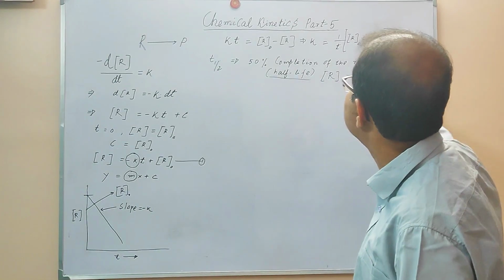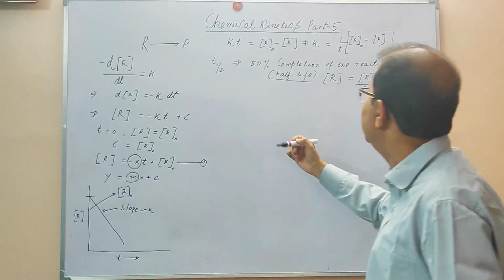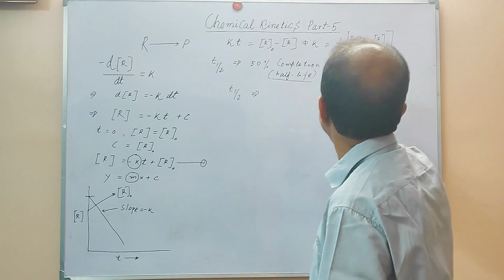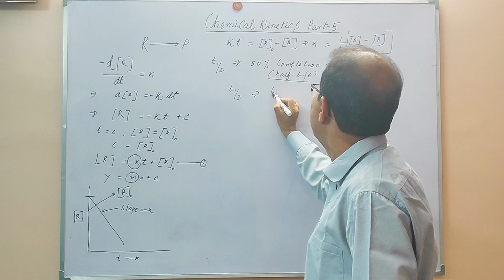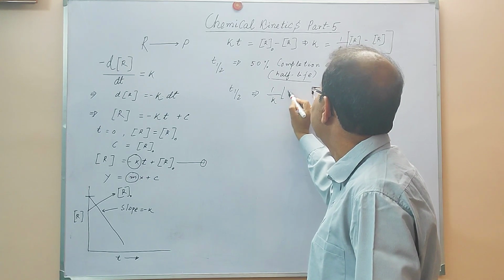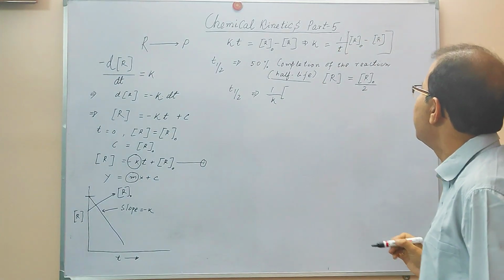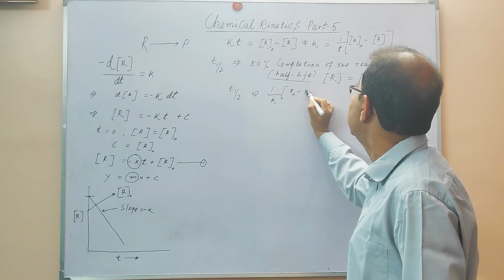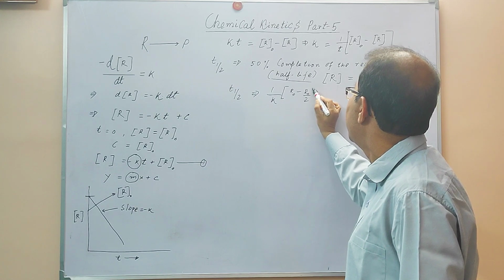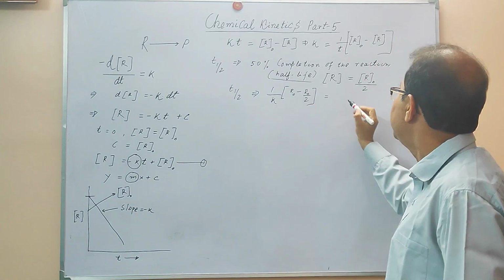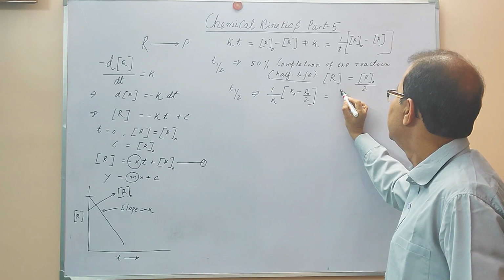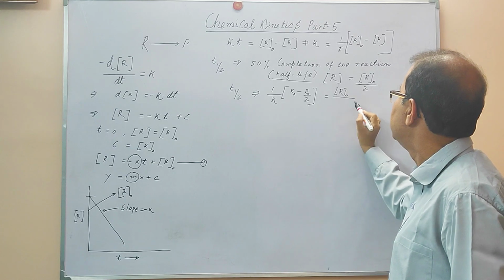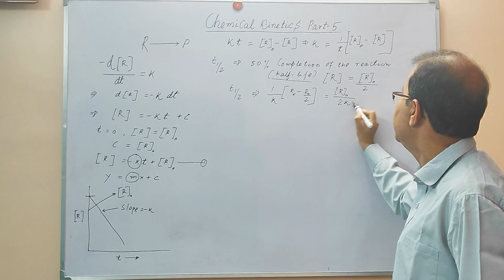We just put the value of R here and we will get t half is equal to 1 by K, and we put the value of R0 minus R0 by 2, and it will come R0 by 2K.